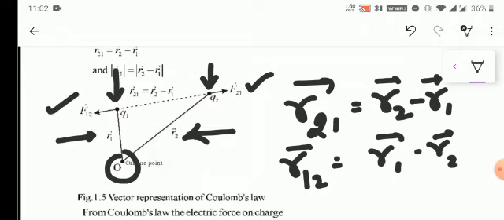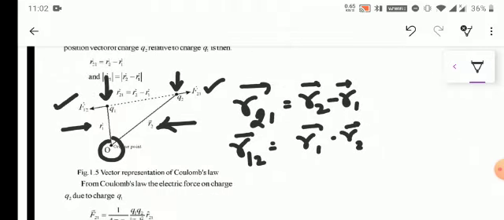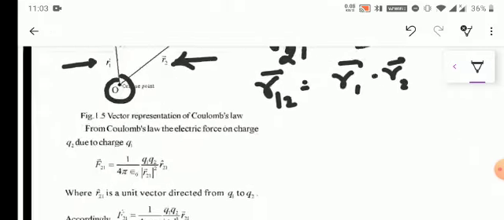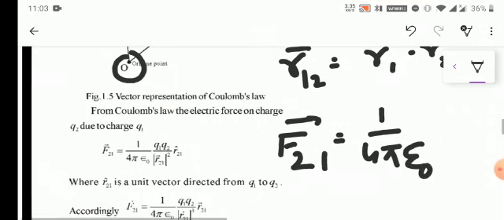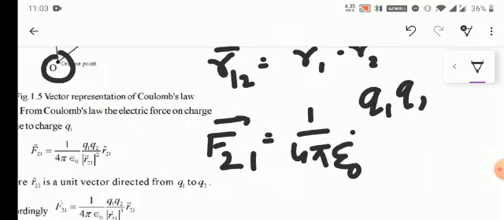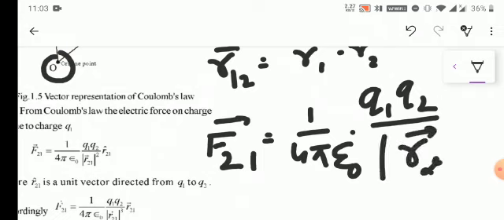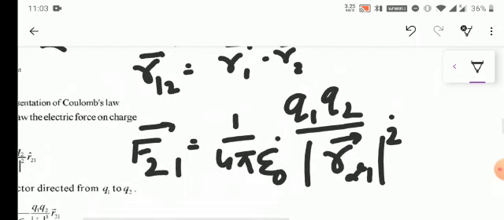Now let's represent this in vector form. The force on charge q2 due to charge q1 is 1 upon 4 pi epsilon naught, q1 q2 upon the magnitude of r21 whole square, and since force is a vector, it is multiplied by the unit vector r21 cap.